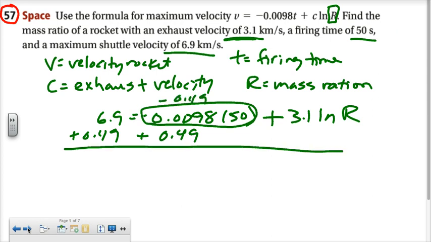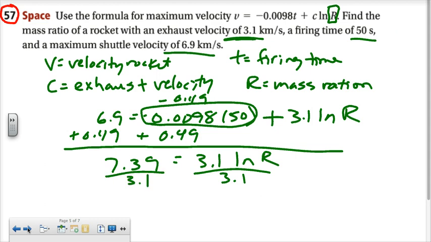And that gives us 7.39 equals 3.1 natural log of r. Well, then we have to divide both sides by 3.1, and this does not work out nice, so I'm going to wait to do my punching in until the very end.